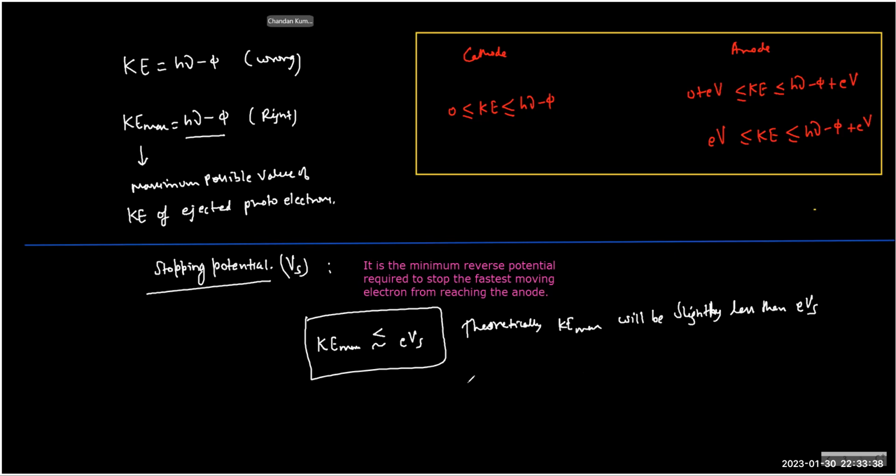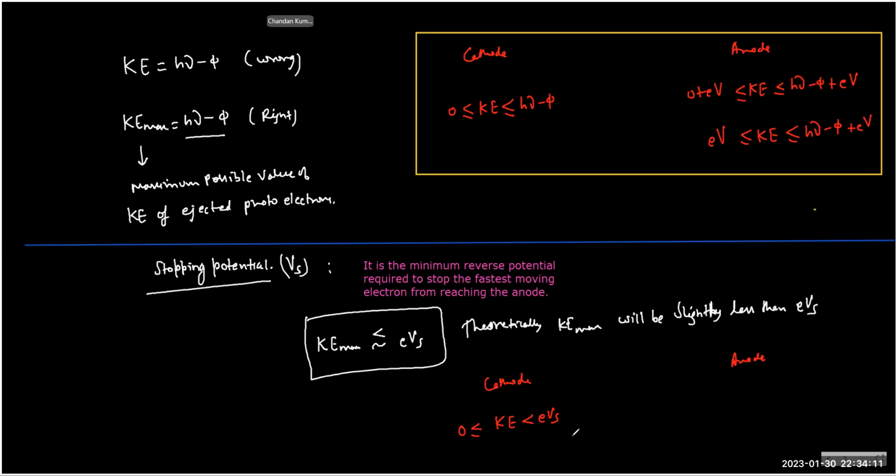Therefore, if I rewrite the same answer which I wrote earlier, the kinetic energy, if I wish to write in terms of eVs, then I can say the K will be more than or equal to 0, but it is less than eVs. I cannot write equals to eVs, right?